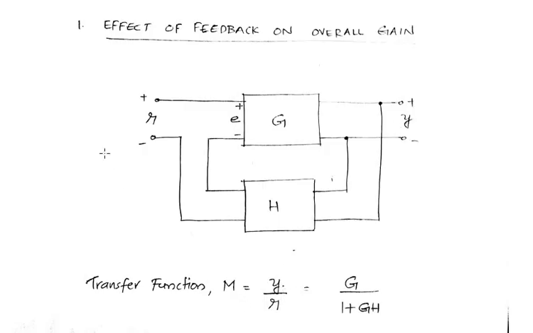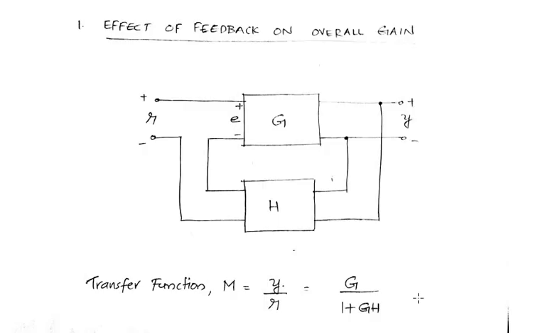Y is the output, R is the input, so Y divided by R is the overall transfer function or the overall gain of the system. M is equal to Y by R, which is equal to G by 1 plus GH. So when we add a feedback, the initial gain G has now become G divided by 1 plus GH.